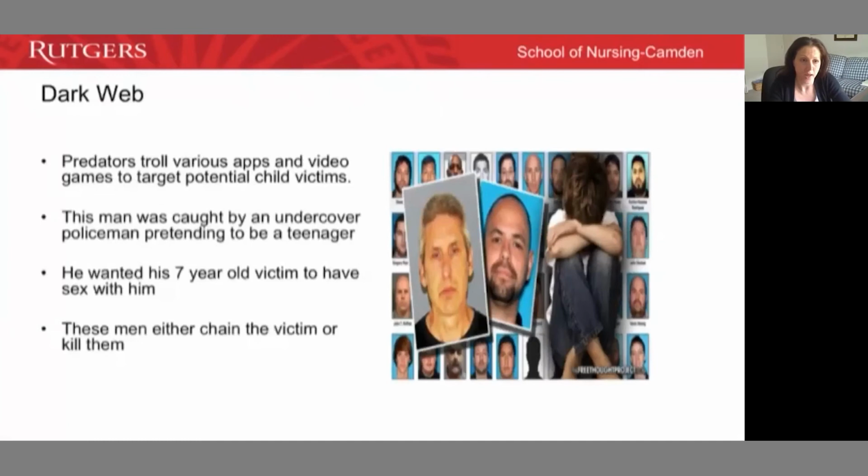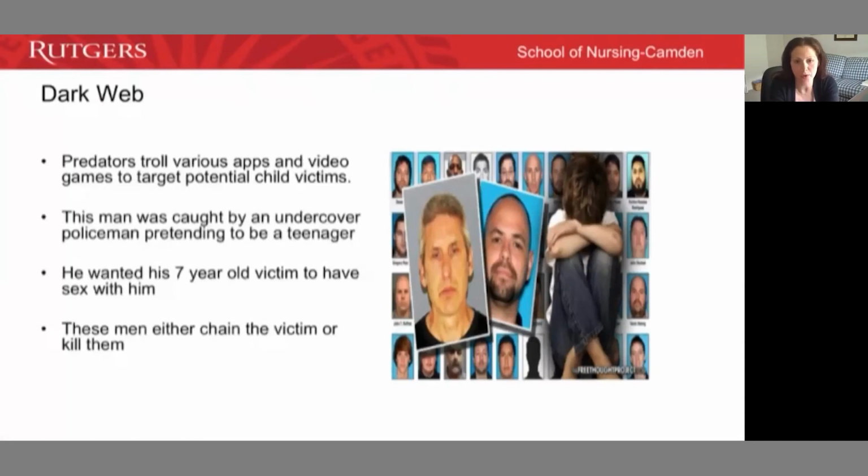The dark web has predators who troll various apps and video games to target potential child victims. The following men were caught by an undercover policeman who was pretending to be a teenager. One of these men found a 7-year-old victim in a chat room and wanted to have sex with him.